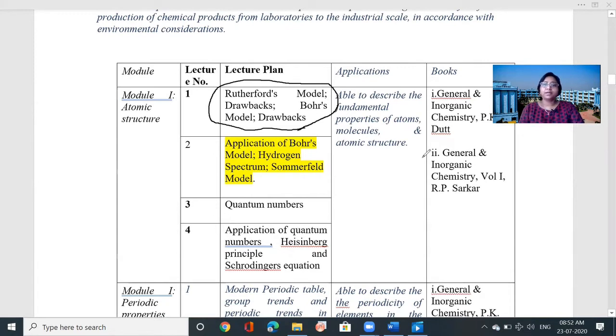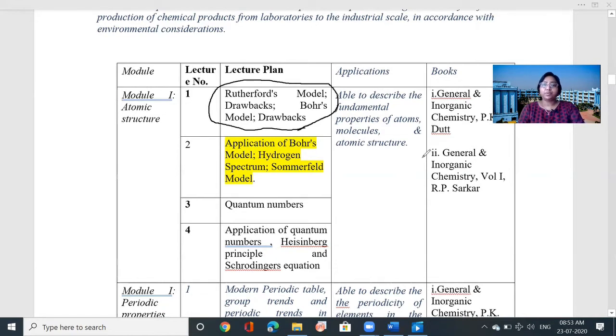From the observation, we have seen that most of the particles pass through and very few are deflected. So he concluded that a small part of the atom is occupied by the nucleus, that is the proton plus electron. But he was unable to explain the stability of the atom. So it was the drawback.